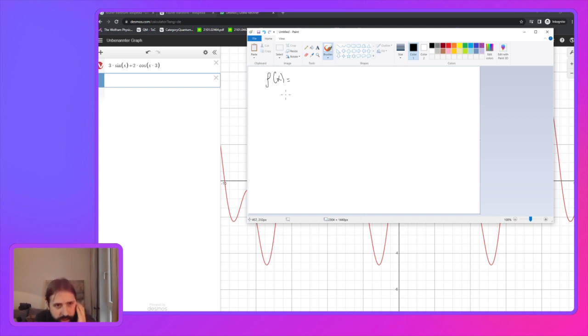Sometimes these concepts are so simple that it's more about trying to understand them at the meta level rather than the technicalities. So f of x is 3 sine of x plus 2 times cosine of 3x. That's f of x, right?